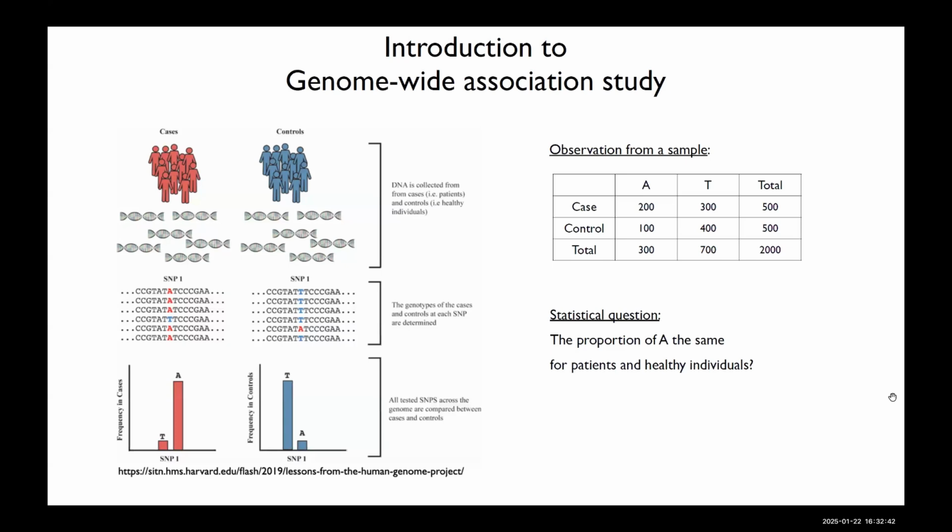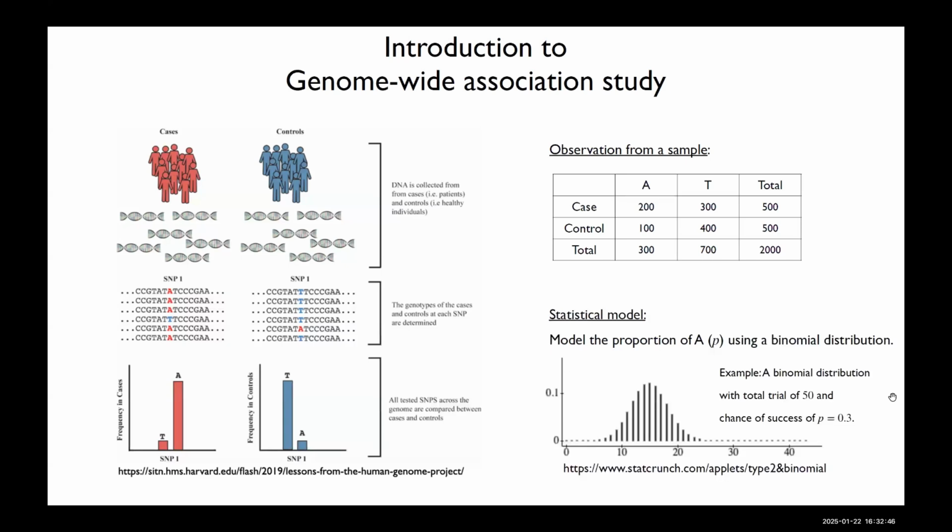And then we come up with a model. In this model we consider the probability of success. We model the proportion of A, observing an A, as the probability of success in a binomial distribution.